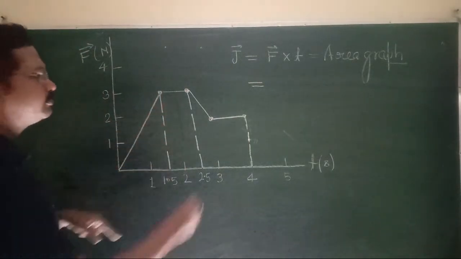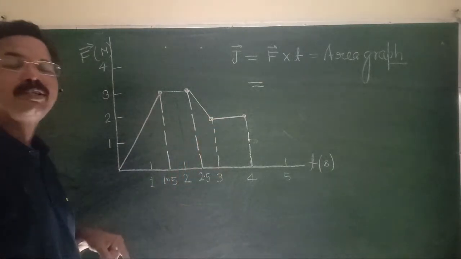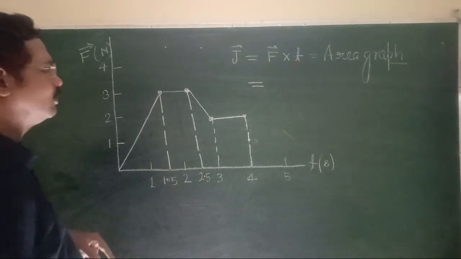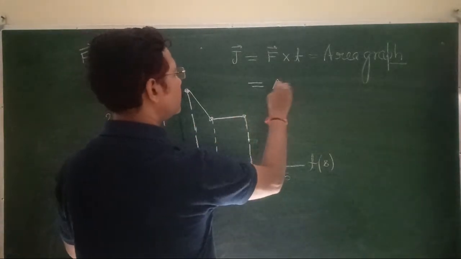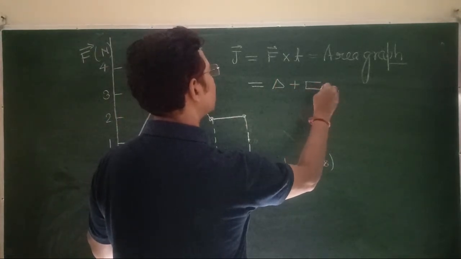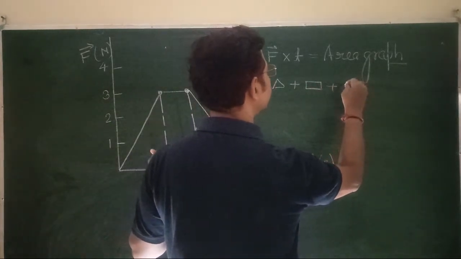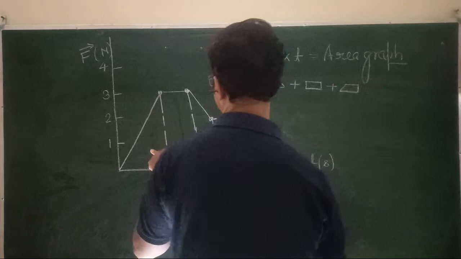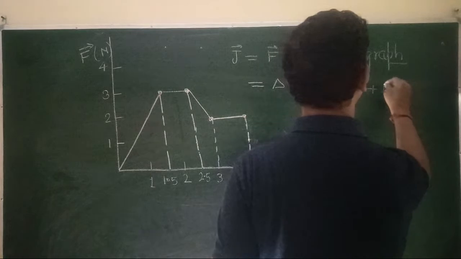This is parallelogram. This is also, you can say, this is what? Trapezium. So I am writing area of triangle, area of parallelogram, area of trapezium, area of again parallelogram part.